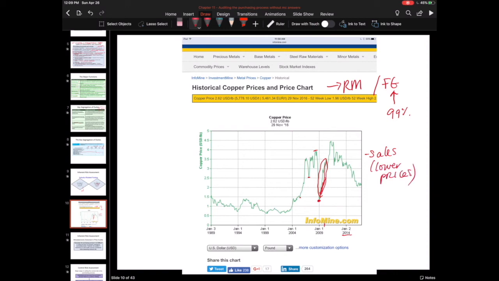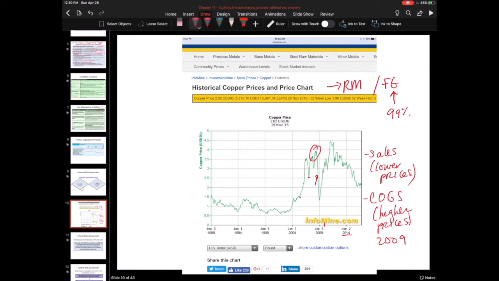And their COGS was, for the most part, what was sitting in inventory at these relatively much higher prices. So what wound up happening in fiscal year 2009 was their actual net income was almost zero.